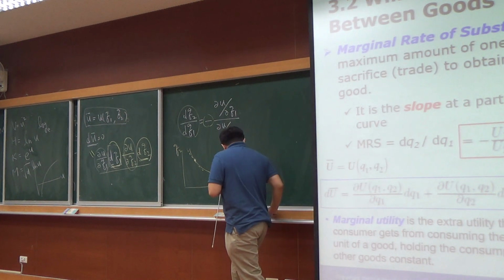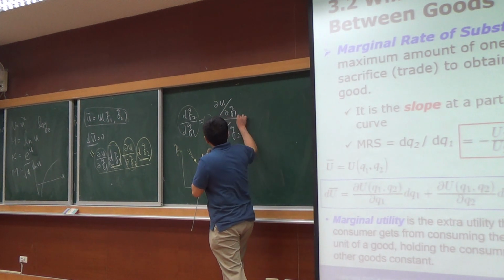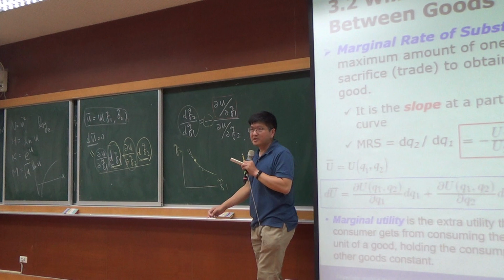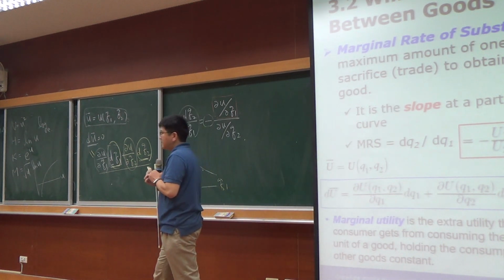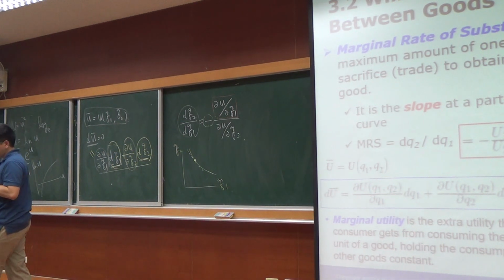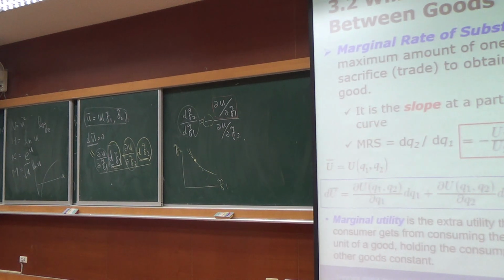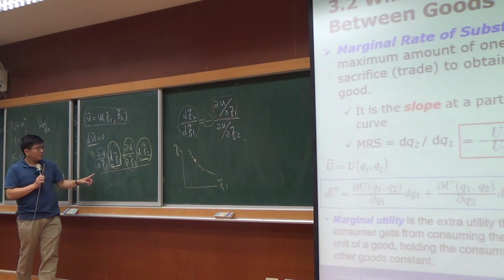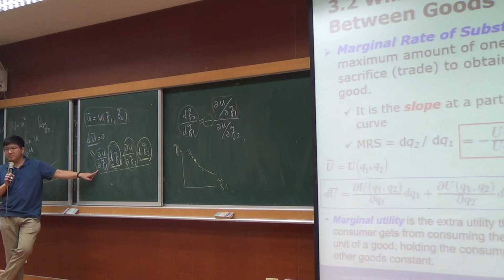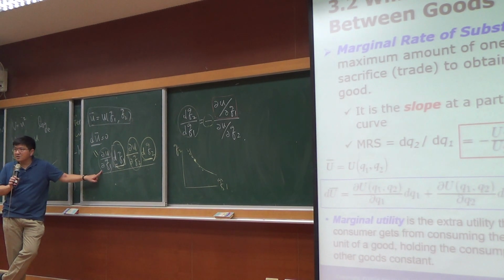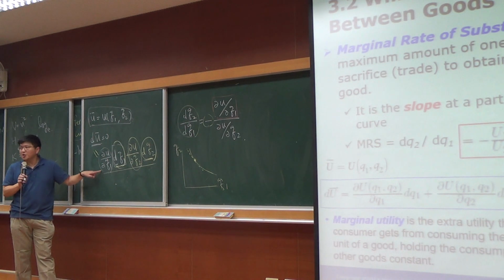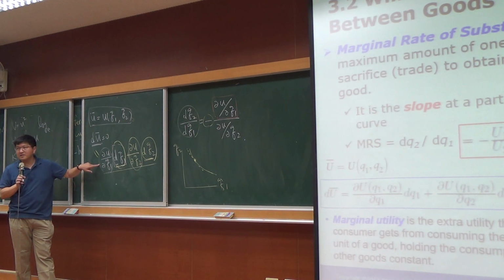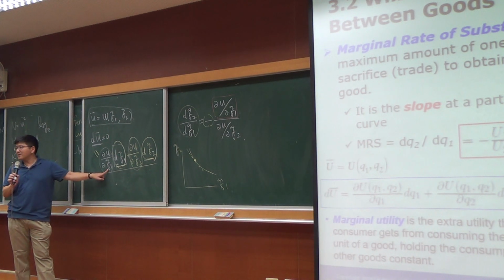Okay, so next, what is this? What does it mean? Think. This is a utility function, and we may have this term. What does it mean? I just told you that this is the per unit influence of Q1, right?